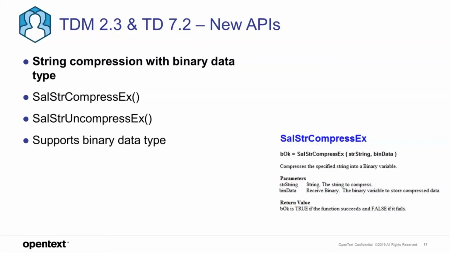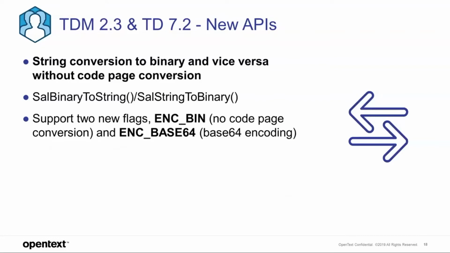Another new function in TD Mobile 2.3 and Team Developer 7.2 is SAL string compress X. This is now available for string compression with the binary data type, which we didn't have before. And string conversion for SAL binary to string.